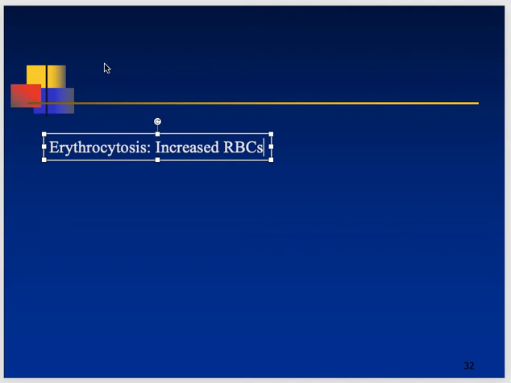Then, for example, RBCs are formed when erythropoietin is released from the kidneys. Someone may have a tumor in the kidney releasing more and more erythropoietin. When erythropoietin is released more, there will be more erythropoiesis, and so there will be formation of more RBCs.